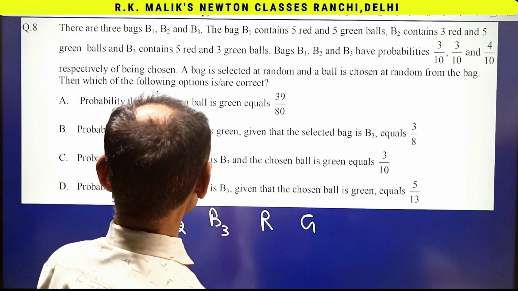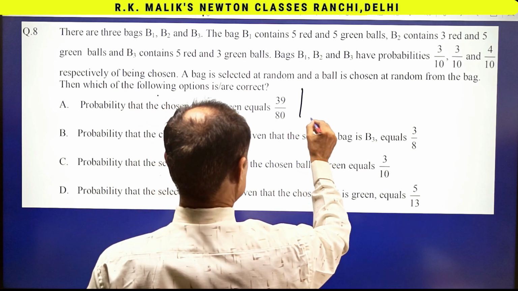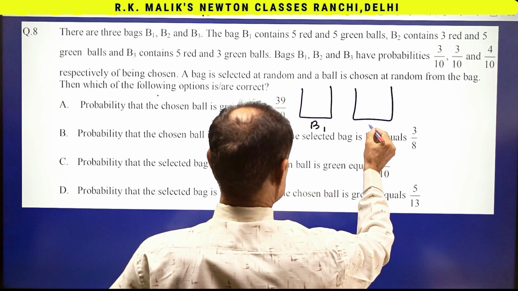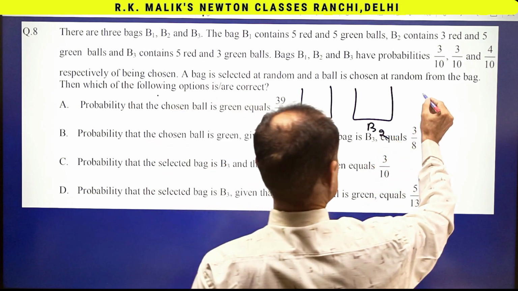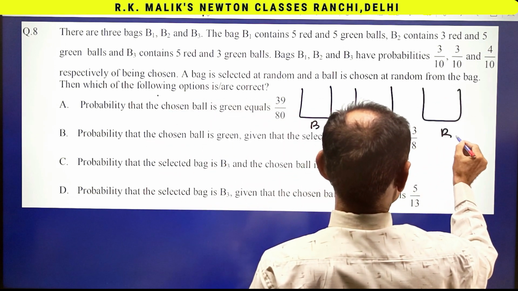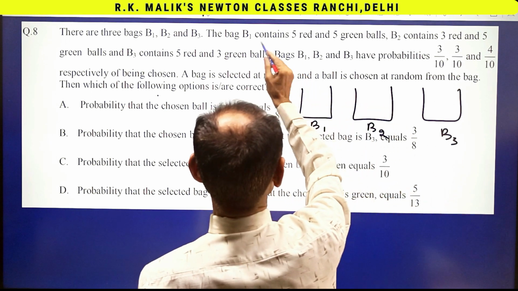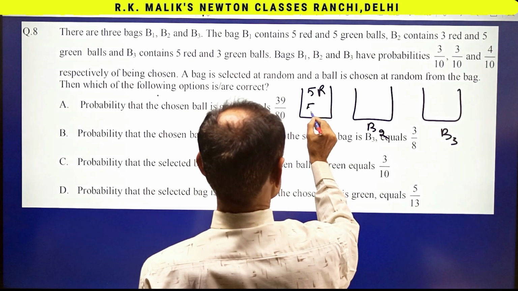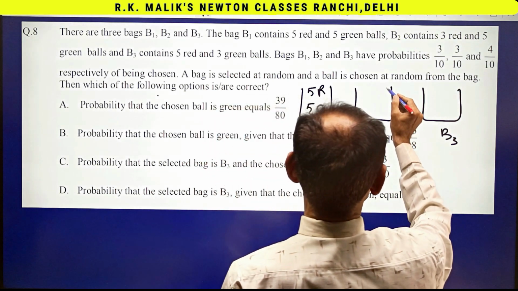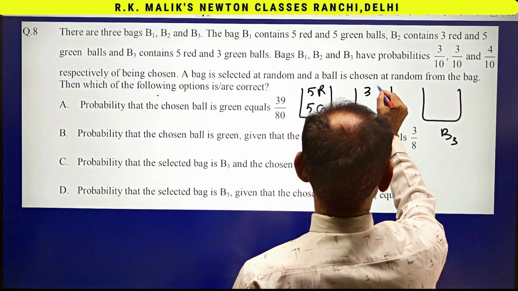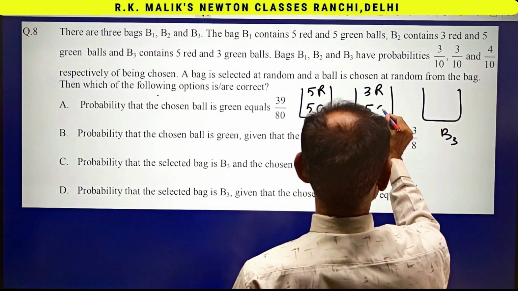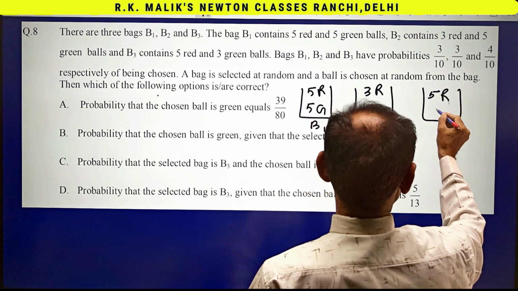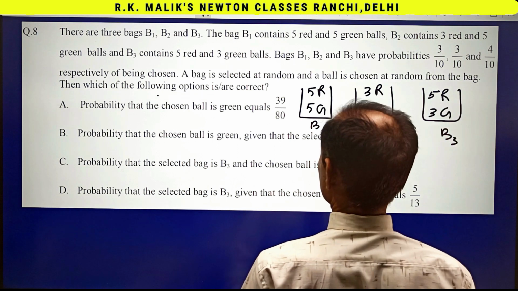And according to the question, suppose this is the bag B1, this is the bag B2, and this is the bag B3. Bag B1 contains 5 red and 5 green balls. B2 contains 3 red and 5 green balls. B3 contains 5 red and 3 green balls.